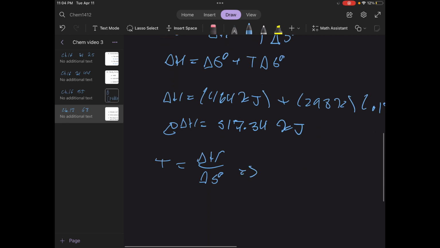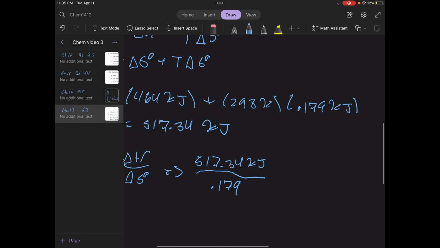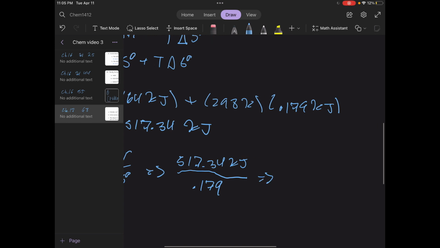Plugging in our values, we get 517.34 kilojoules divided by 0.179, and we get that the temperature is 28090.17, but this basically rounds to 28090 Kelvin.